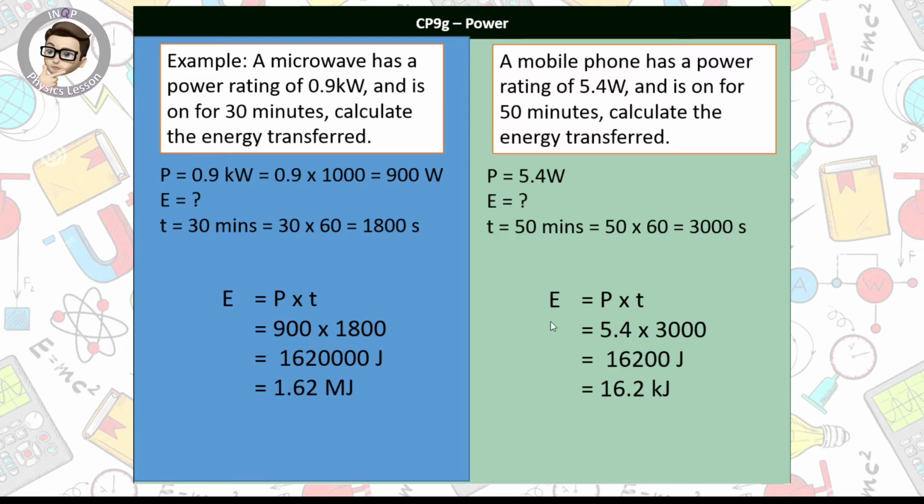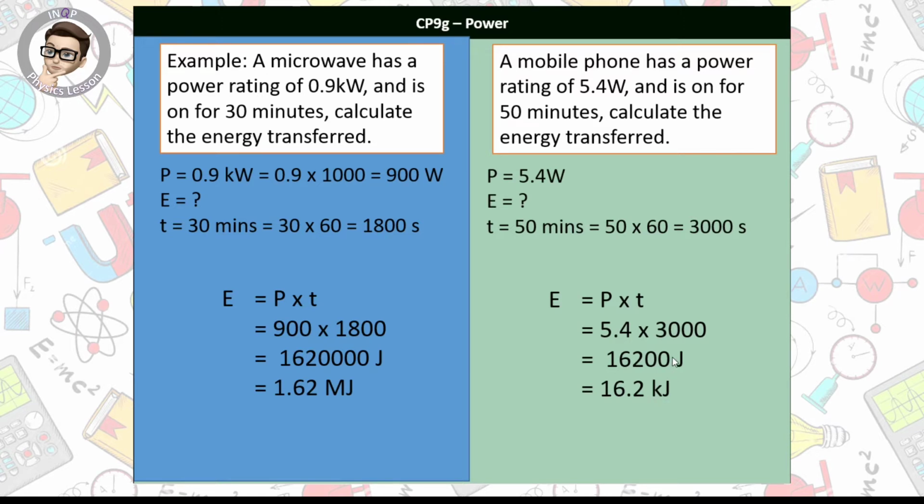Now we'll use the same equation we used previously, E equals P times T. We've got 5.4 watts, so P is 5.4. We've got 3,000 seconds, so T is 3,000. And if we multiply those two together, we've got 16,200 joules, which is 16.2 kilojoules. Because remember that kilo means times 10 to the 3.